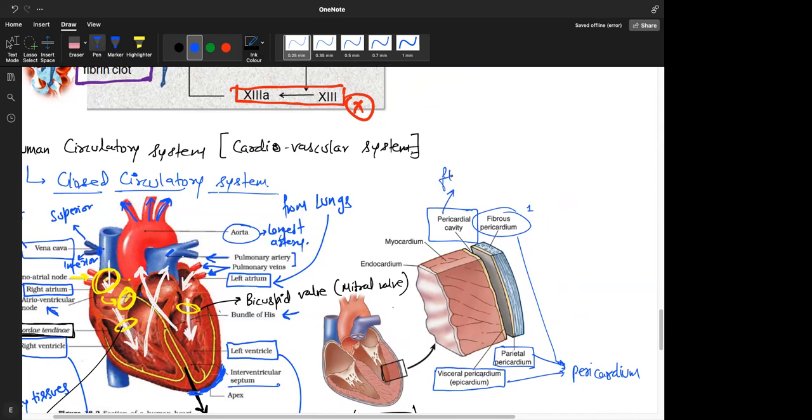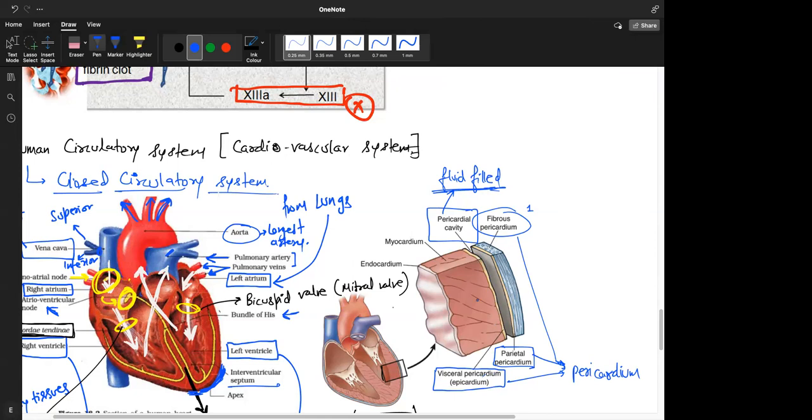It has fluid in it. It is a fluid-filled cavity that gives a cushion to the heart. This very thin fluid-filled cavity all around the heart gives a cushion to the heart.